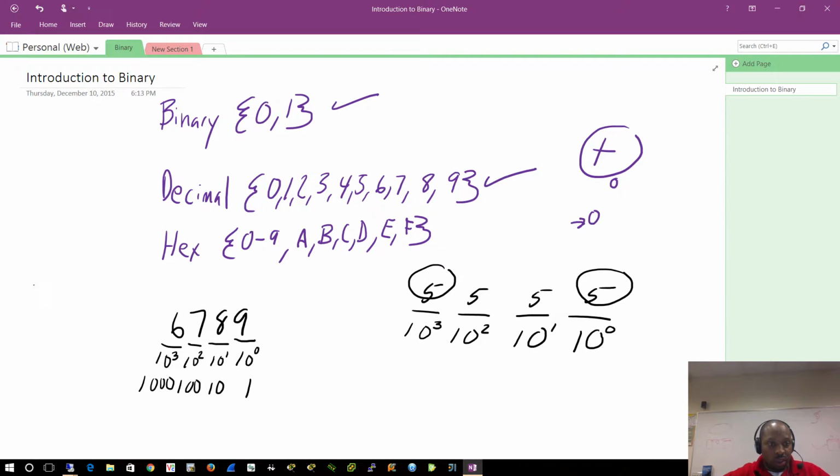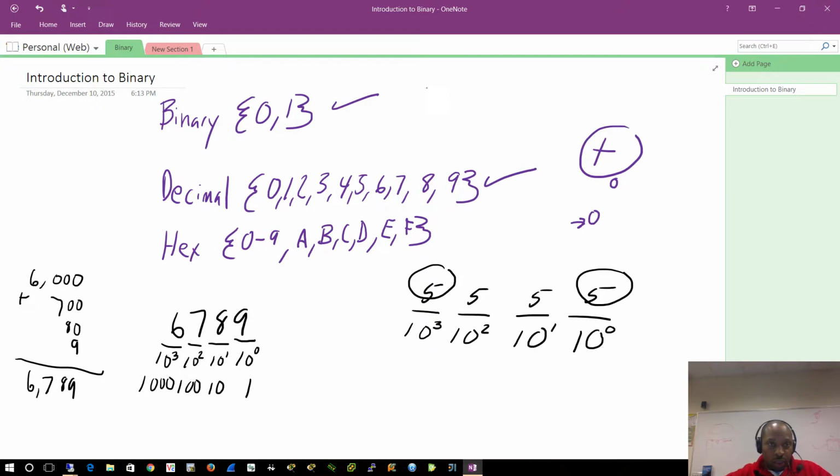So we have 6 thousands, or 6,000, plus 7 hundreds, or 700. We have 8 tens, or 80, and we have 9 ones, which is 9. We add that all up, and we get 6,789.